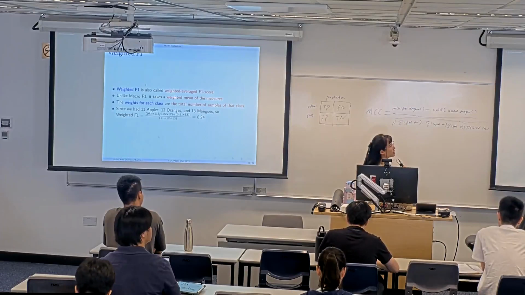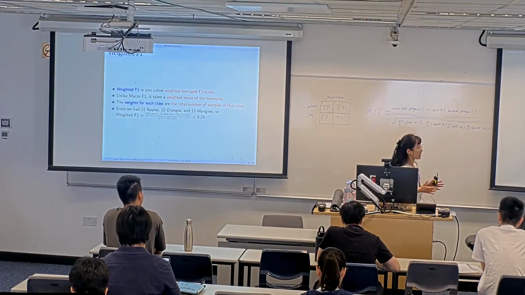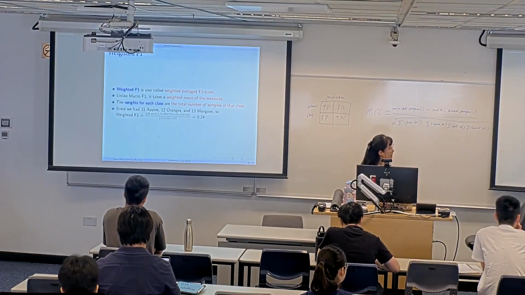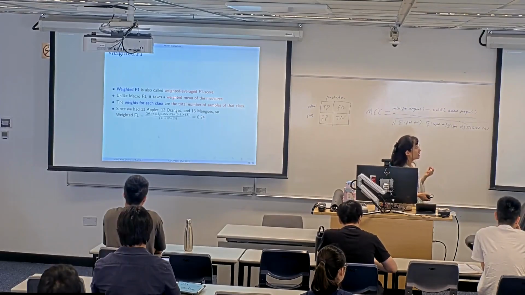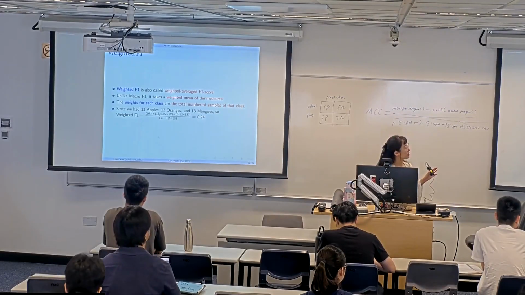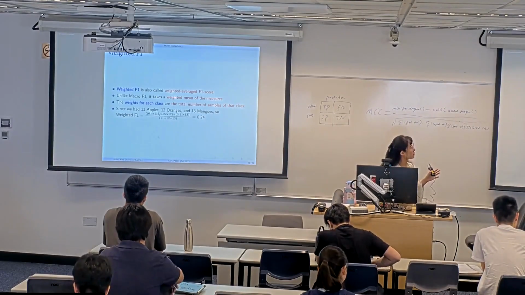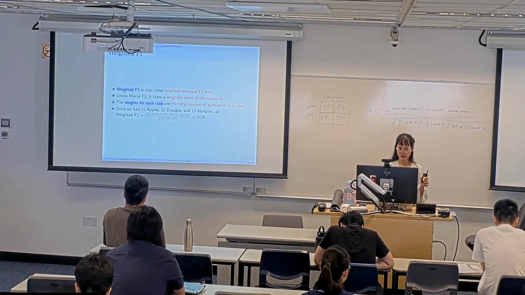Weighted F1 takes the weighted mean of the measures. And what should be the weight? The weights for each class are the total number of samples of that class. Since in this case we have 11 apples, 12 oranges, and 13 mangoes, we directly use these 3 numbers as weights.